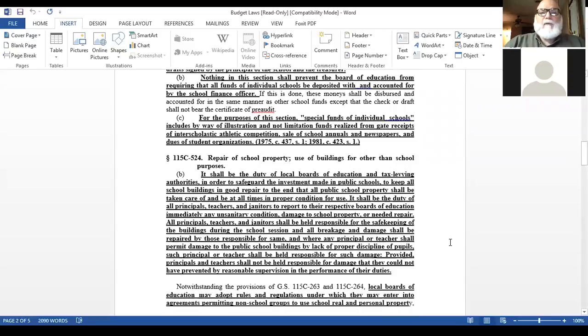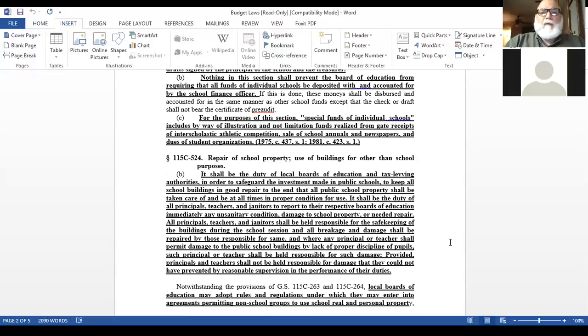Special funds of individual schools include, by way of illustration and not limited to, funds received from gate receipts, sale of school annuals and newspapers, and dues of student organizations. So that's your special funds of the individual school, and then you have a general account that you buy other stuff out of.